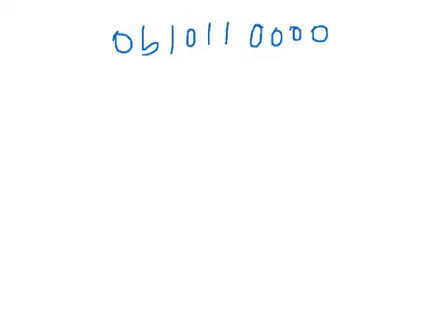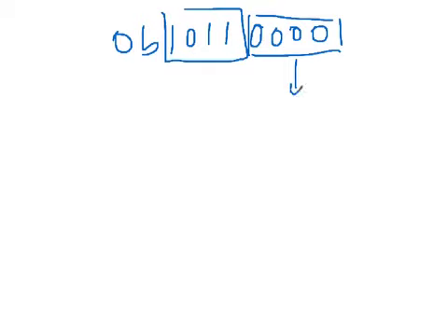Take 0b10110000. You can very easily convert that into hexadecimal by looking at it in blocks of 4. This block is 0, and this block is in decimal 1 plus 2 plus 4 plus 8, so 8, 12, 13.